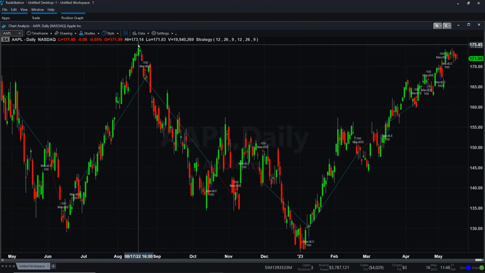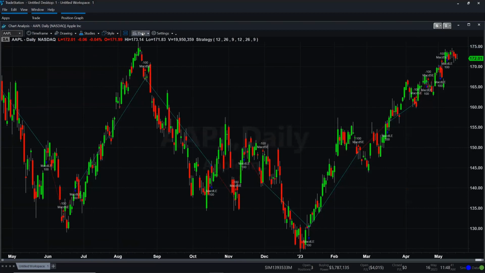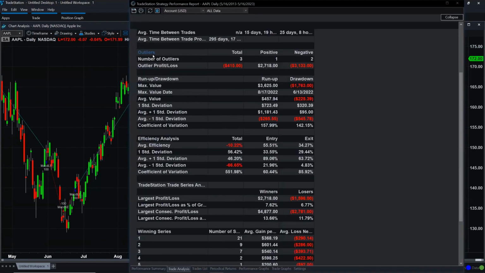So when we look at those percentages here in my strategy performance report, let's go ahead and take a look. Data, strategy performance report. Average efficiency. Right here, we have a -10. When we have a negative number, it just means that it's actually counting against us.